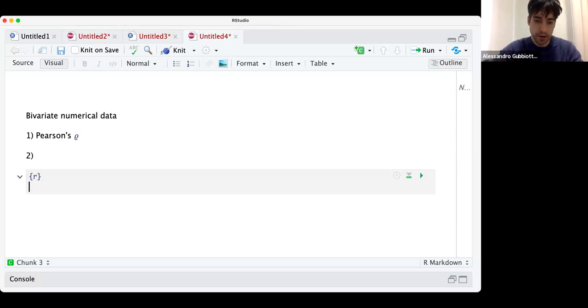I don't know, for instance, this one that I'm going to write. If x is normally distributed and y is x plus an exponential, let's say, we can try to plot x and y and see.